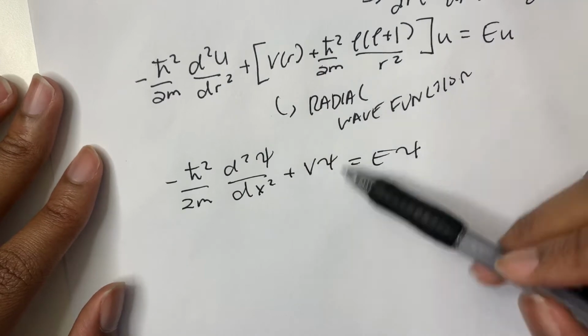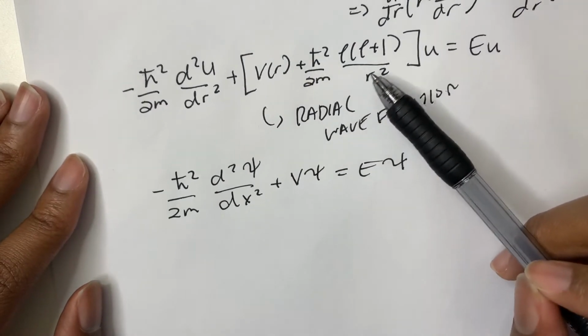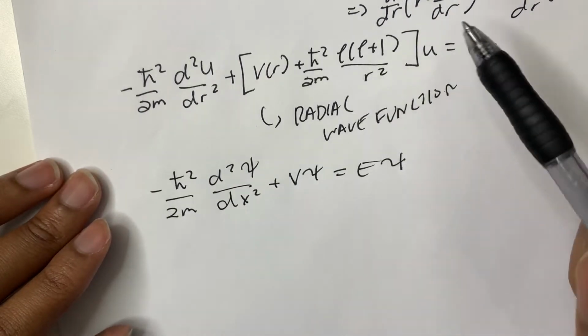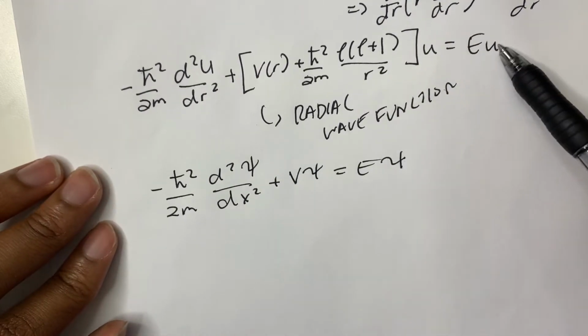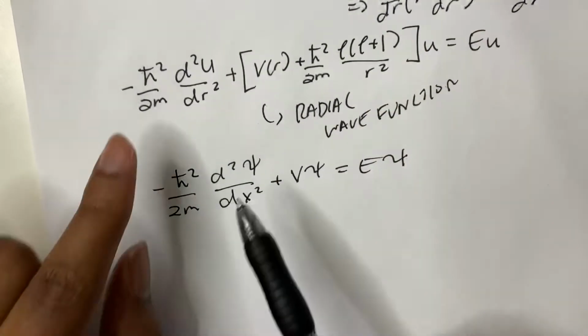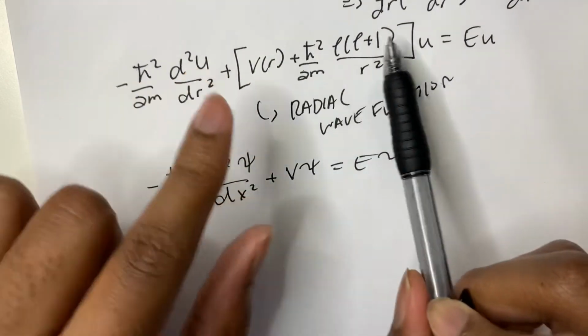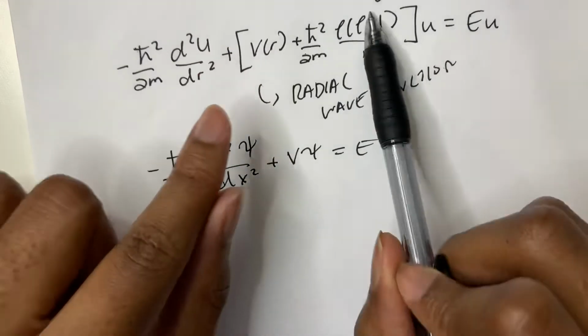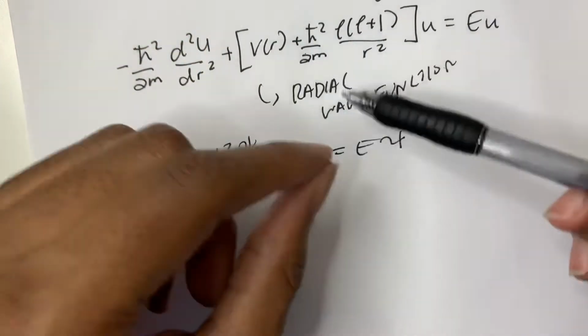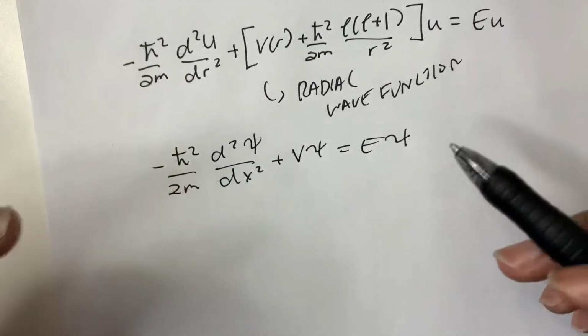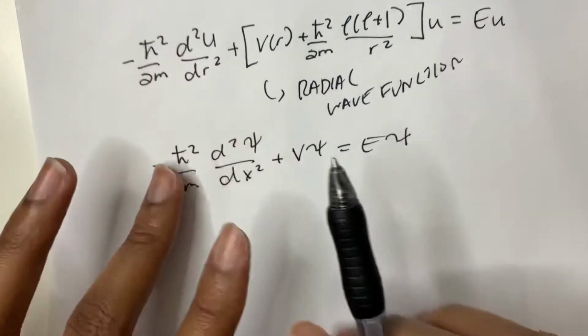This closely resembles this because it has one dimension here, the radius, and we have e psi, eu, and these match up. It's only this term that doesn't actually match up.